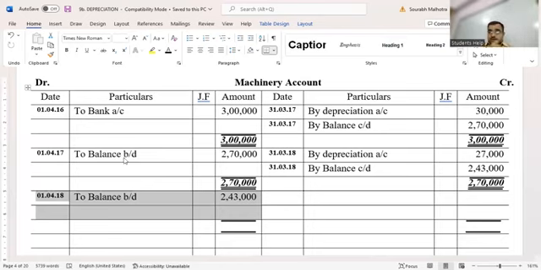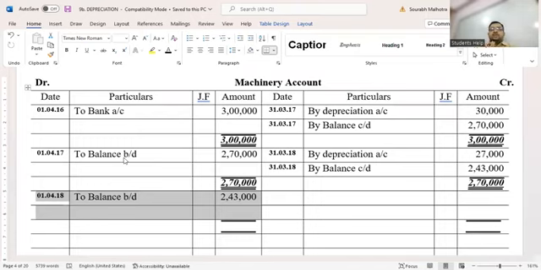So now we have brought down of what value, children? 243. Now 10% will be calculated on what? 3 lakhs? 270? 243. That is why this is called written down value method. Whatsoever is the written down value, whatsoever is the balance brought down coming, on that value you are supposed to calculate depreciation.